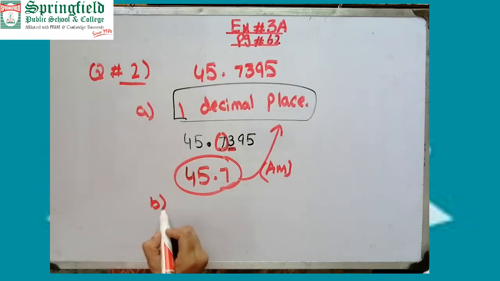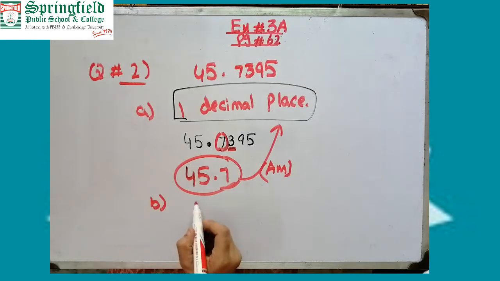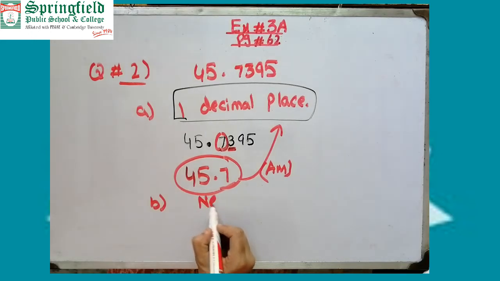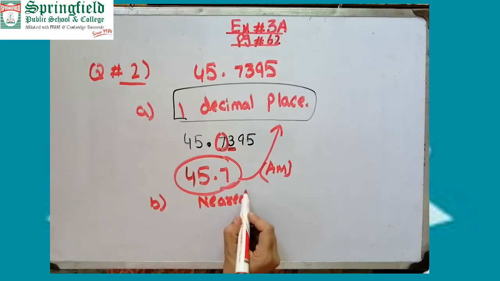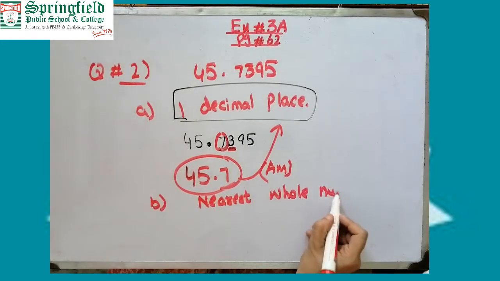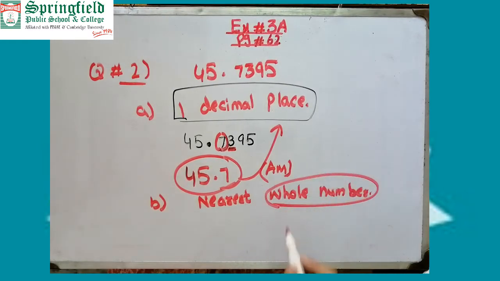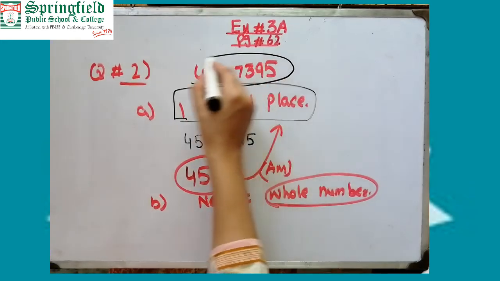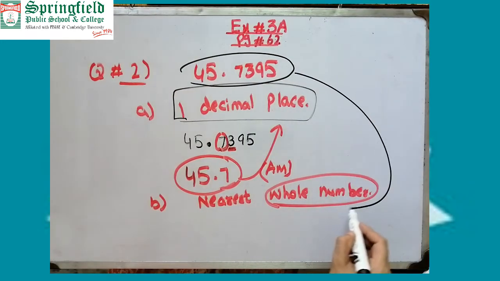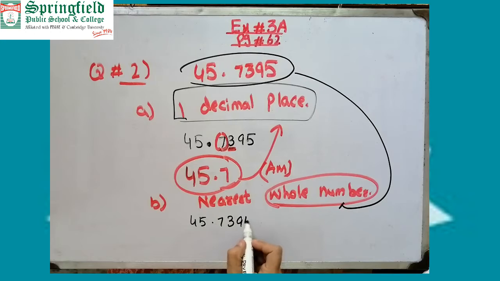And B part, they are saying that the nearest whole number. Whole number means without decimal point number is called whole number. So the given number is decimal, so how we can convert into the whole number? 45.7395.